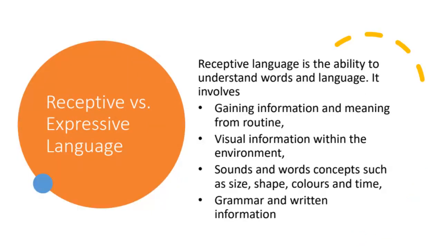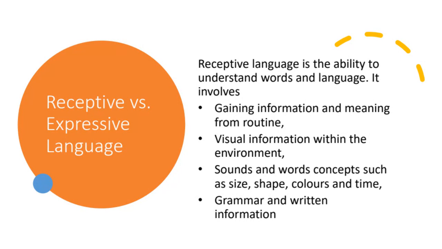Okay, this is one thing that I really like to talk to people about, because we basically separate language into two separate categories when we're talking about human language. So receptive language is our ability to understand words and language. Our receptive language is not only things that are spoken, but things that we gather from our routines.